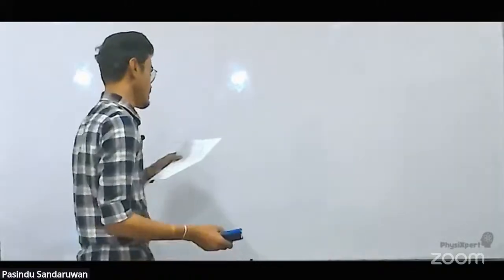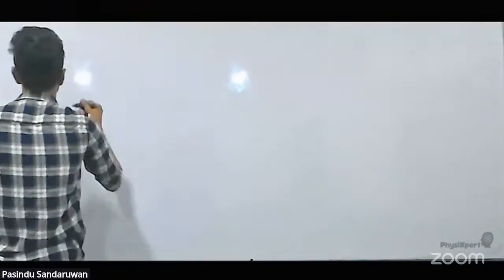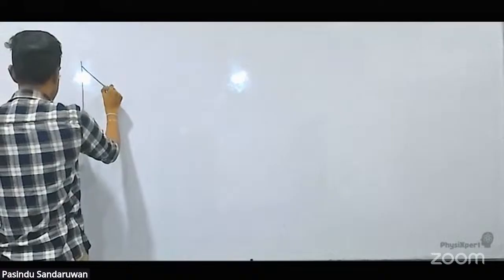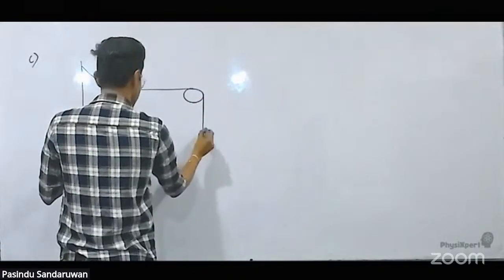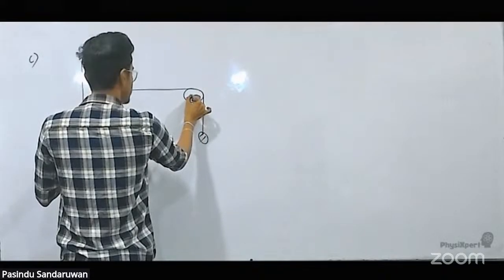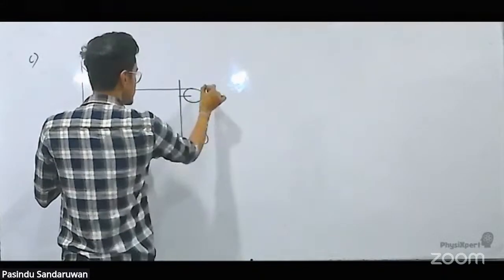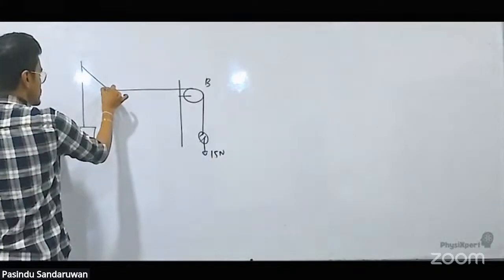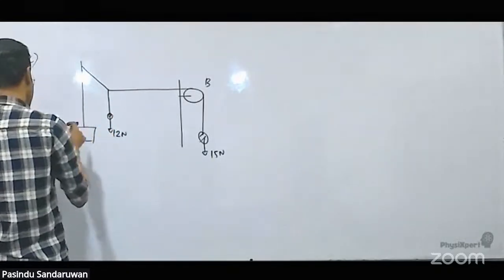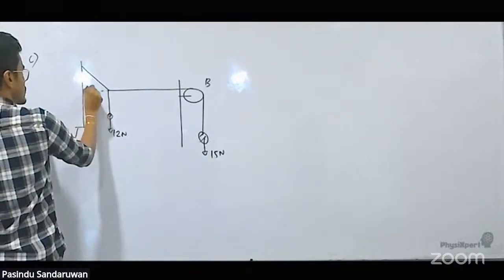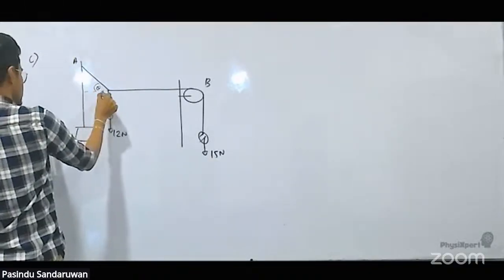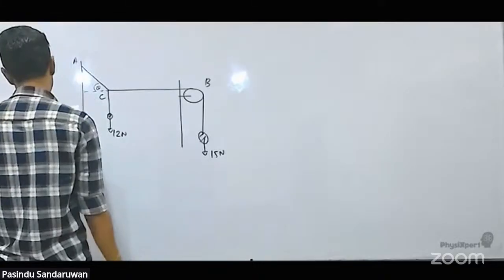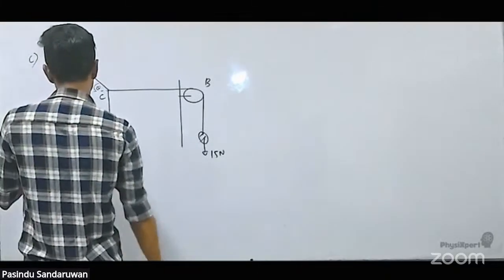See, a string AB is fixed to a vertical stand. Right. Let me copy this down. 15 newtons, 12 newtons, theta, A, C, B. A string AB, fixed to a vertical stand and passes over pulley as shown in the diagram.